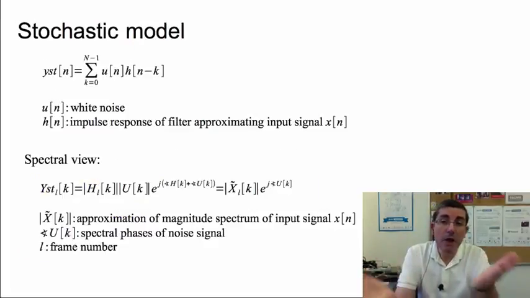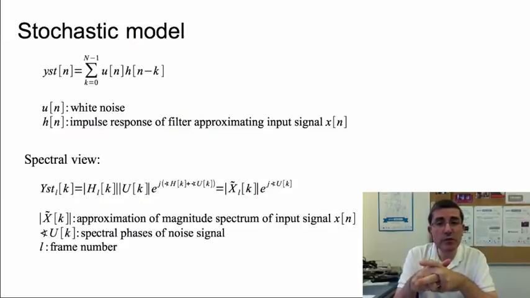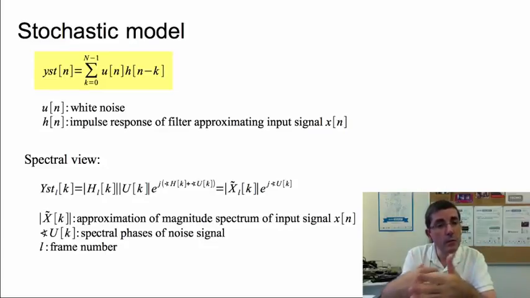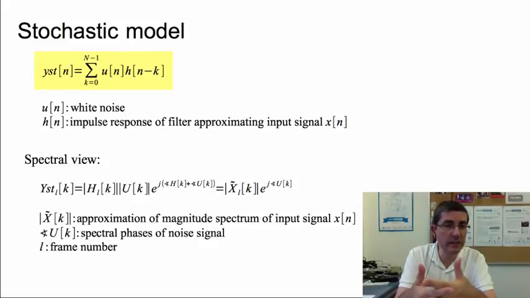And there are many models that have been proposed to deal with this type of stochastic signals. We will use a very general model expressed by this equation, which is in fact the convolution of two signals. So we will consider as a stochastic model the idea that a signal can be expressed as the convolution of white noise with the filter approximation of our signal.